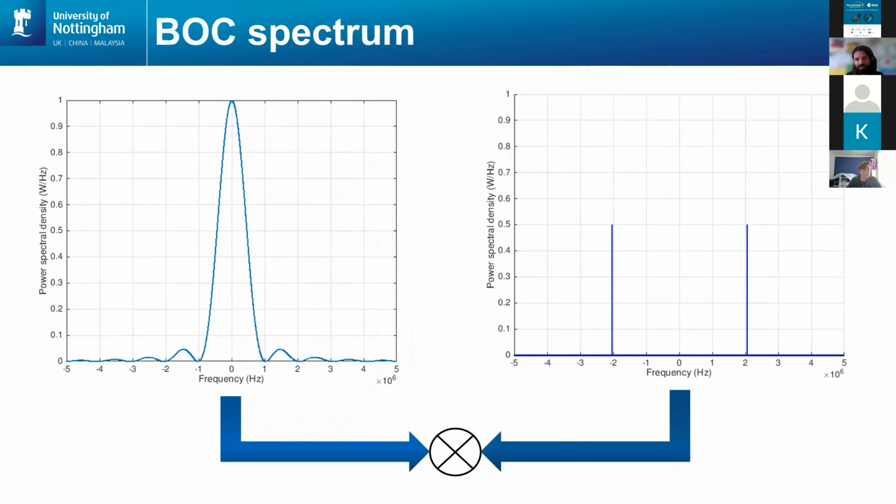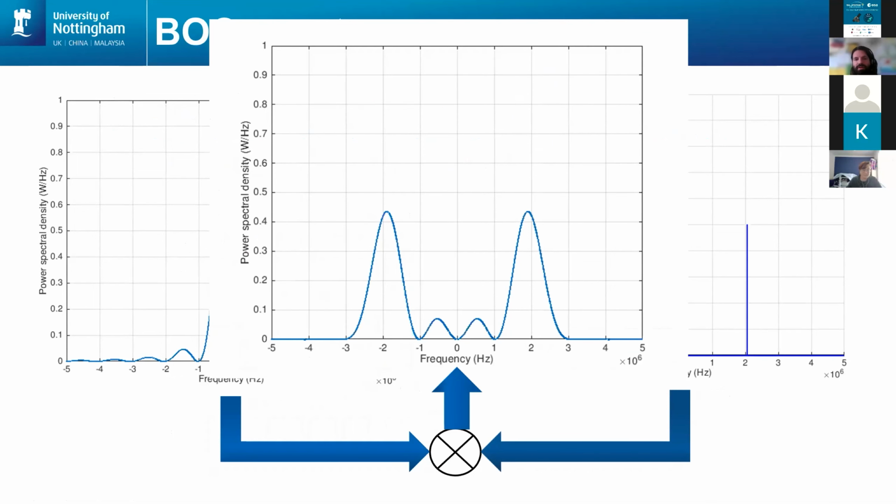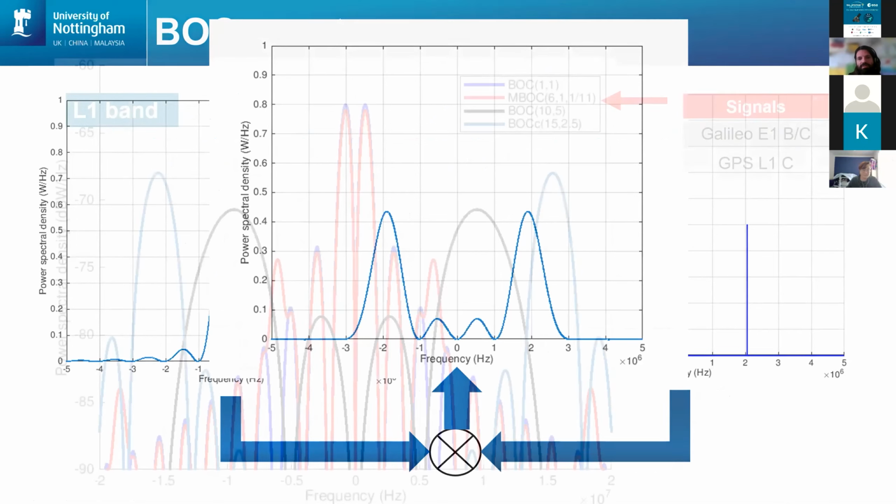And the effect of that, if we look at the spectrum of the two signals, we had a BPSK signal on the side and our square wave. If we combine those two, what we end up with is pushing the spectral energy over a wider bandwidth either side of the carrier. So we split the signal into two spectral lobes, and we shift the energy away from the center.